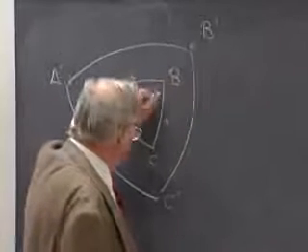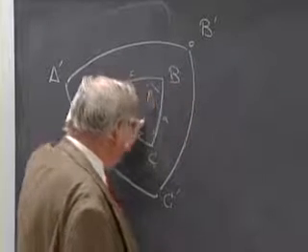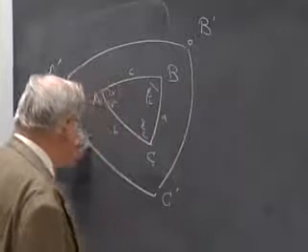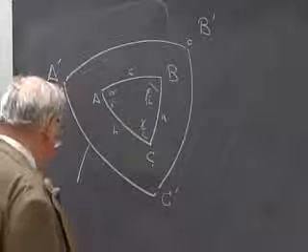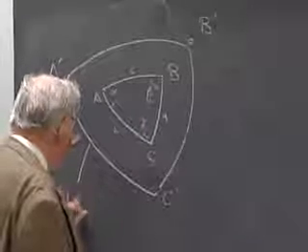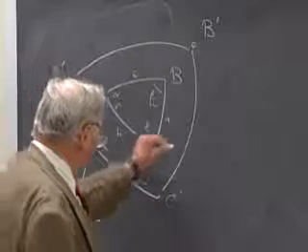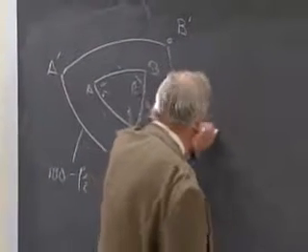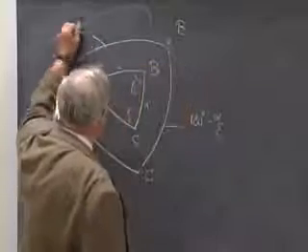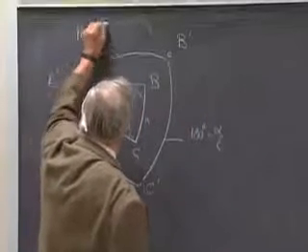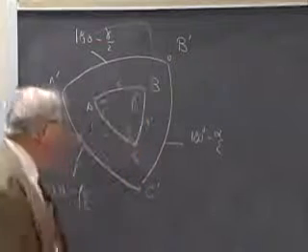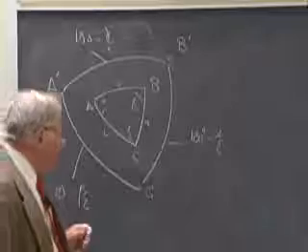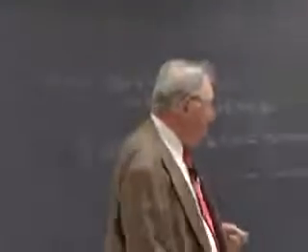In my original triangle, this is beta over 2, this is gamma over 2, and this is alpha over 2. So the length of this side is going to be 180 degrees minus beta over 2. The length of this side is going to be 180 degrees minus alpha over 2. And the length of this side is going to be 180 degrees minus gamma over 2. And now let's use these angles and these lengths in the law of cosines.